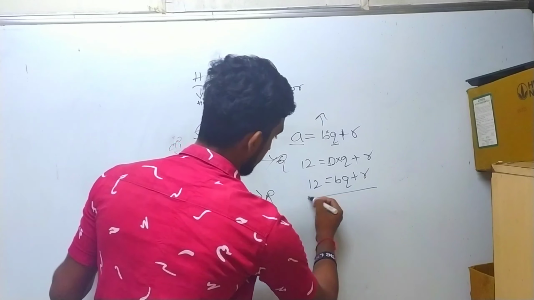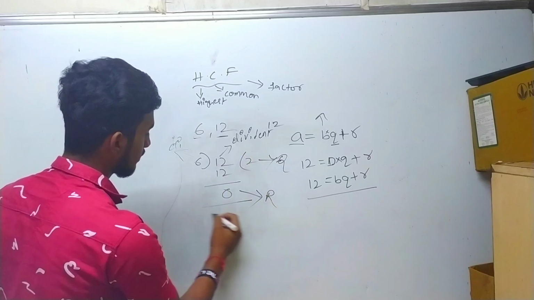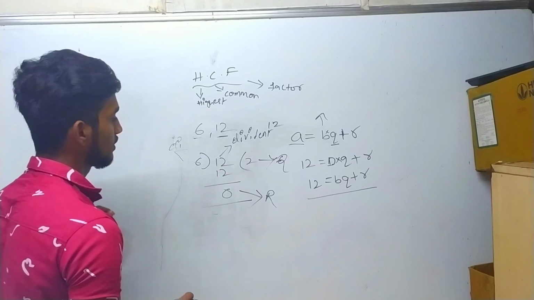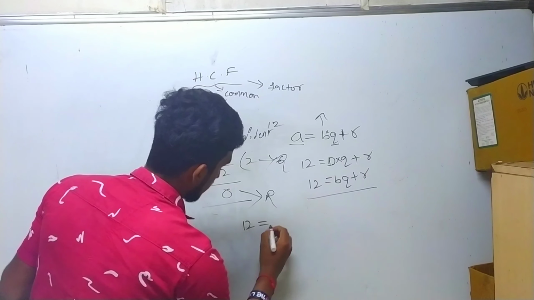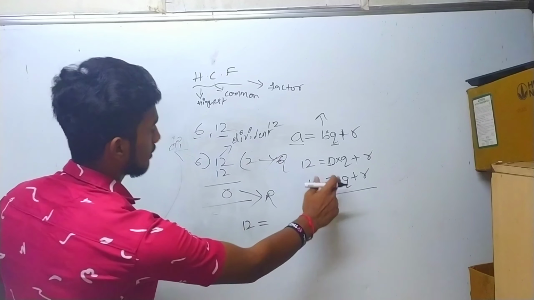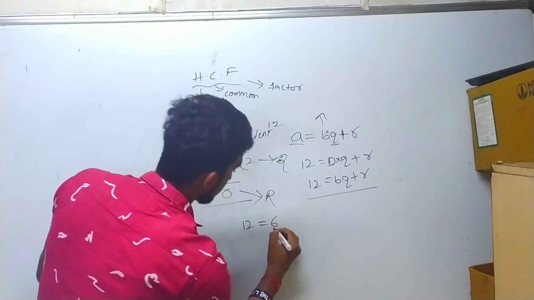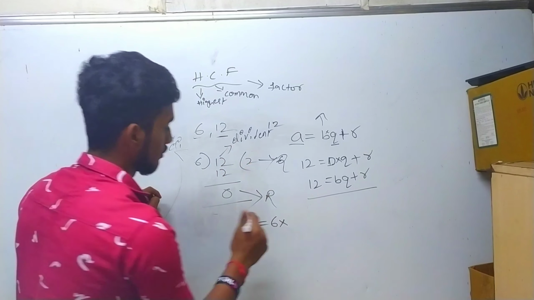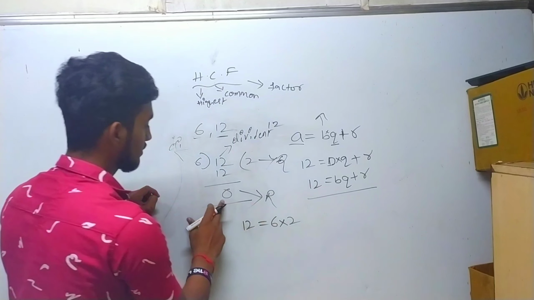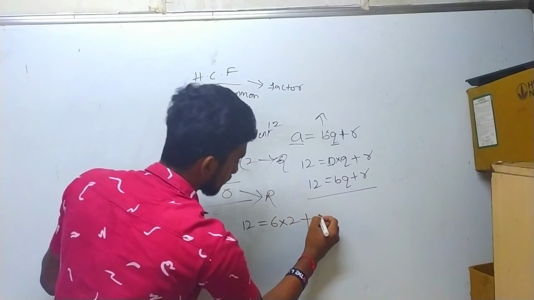This is the formula, so we have to check it. We have found the HCF, so now we will check. Here 12, and B is the divisor, we write 6, into Q, the quotient, we write 2, plus the remainder, 0.